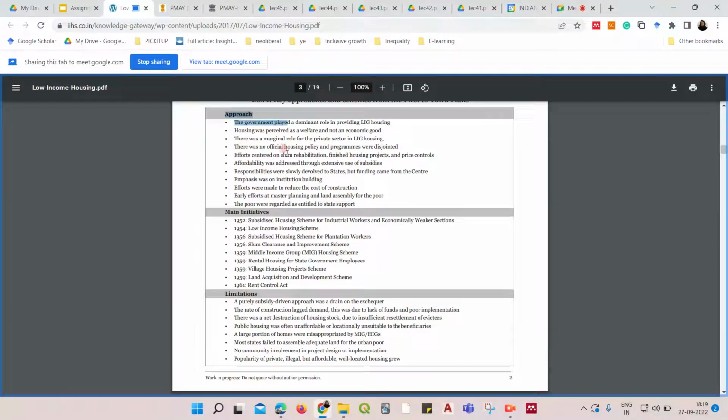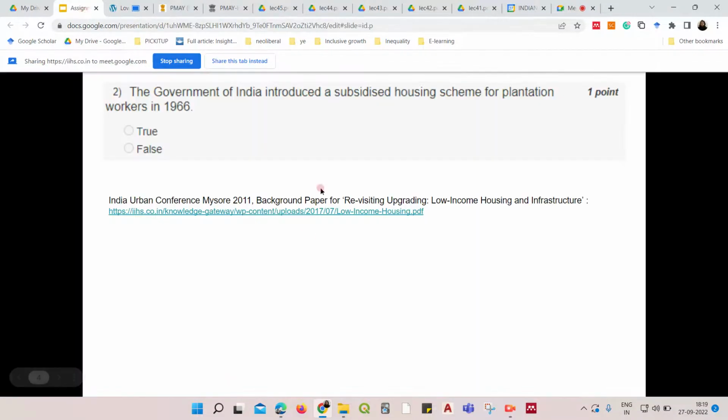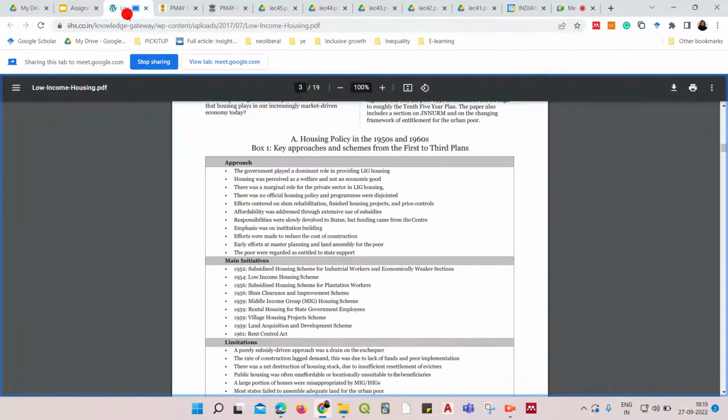First is the approach of all the housing programs, then what were the initiatives taken throughout this period, and what were the limitations of all these initiatives. From all these boxes given throughout this paper, you can see clearly which initiatives were introduced when, and other aspects relating to them.